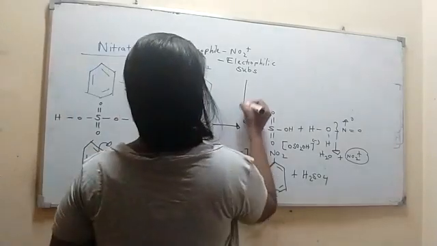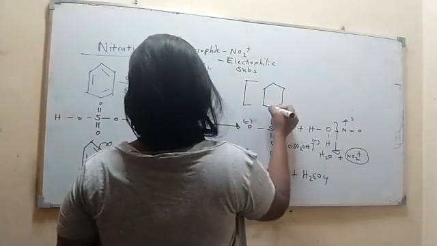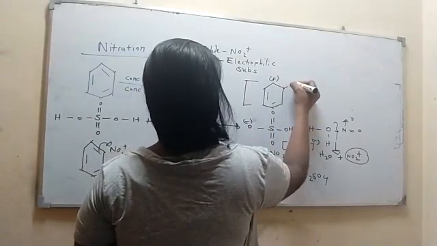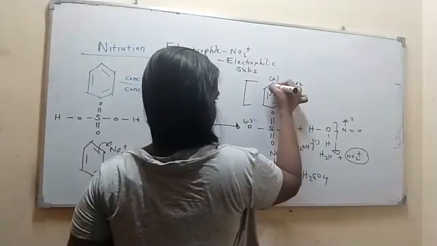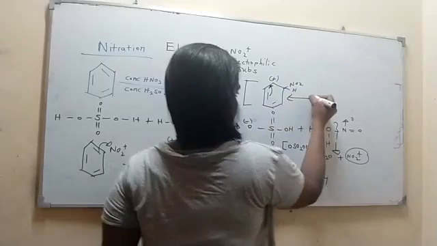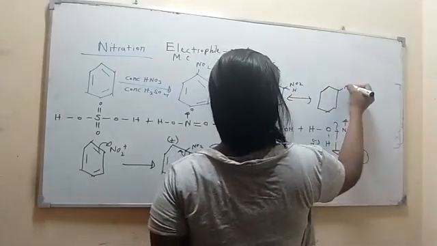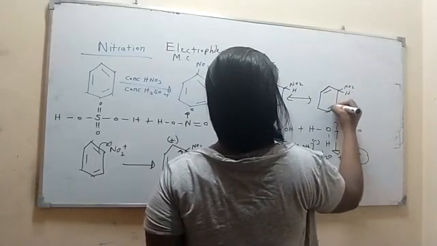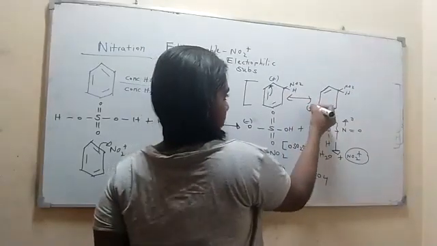Now its resonance structures you can draw. Here the plus sign is there, NO2 here, hydrogen here. In order to neutralize this plus sign, this pi electron cloud will move here. Then we will get a structure like this, NO2 here, hydrogen here. Since this electron moved here, this carbon gets a plus.